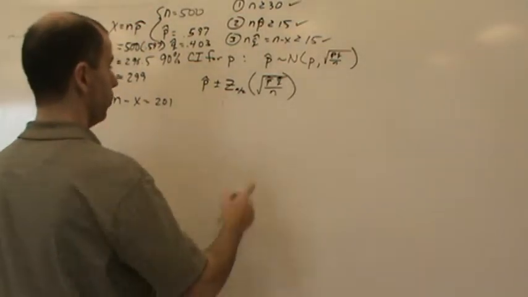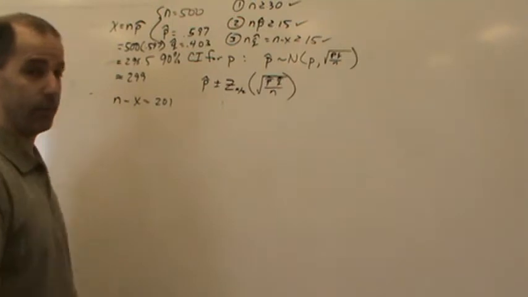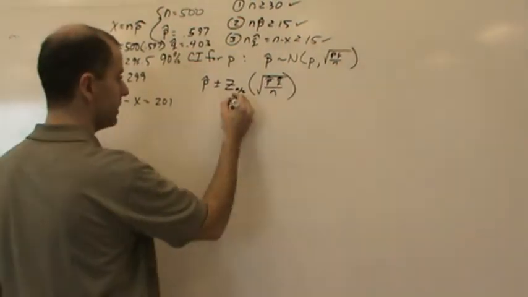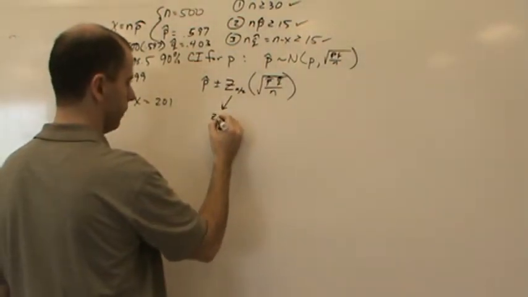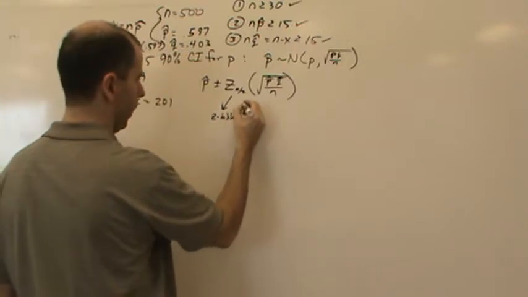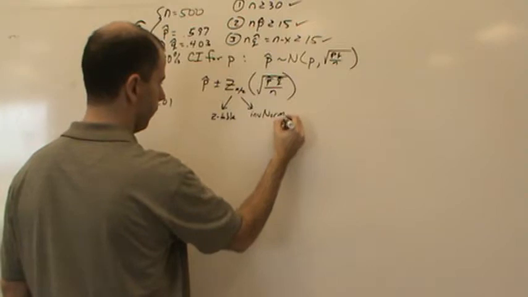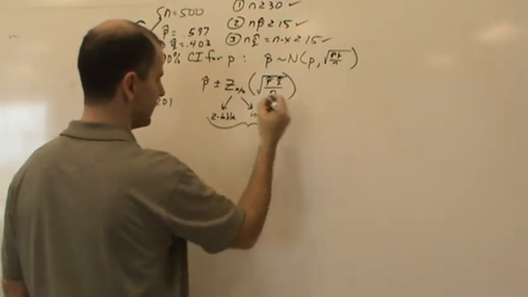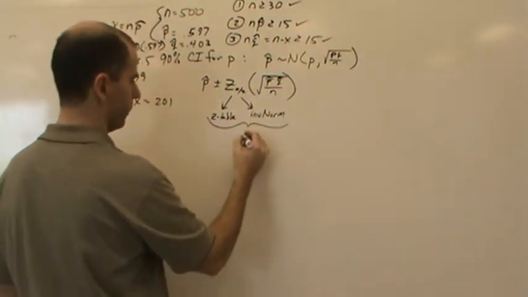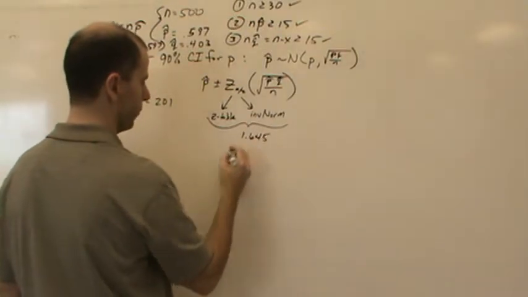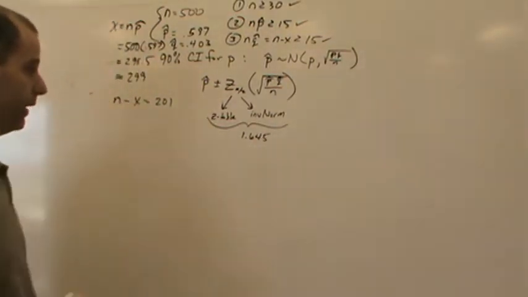And so we've got those two, we've got n, all we need is z alpha divided by 2. So again, if you use the z table or if you use inverse norm, you're going to get the same value, which in this case is going to be 1.645. That's going to be your z alpha divided by 2.